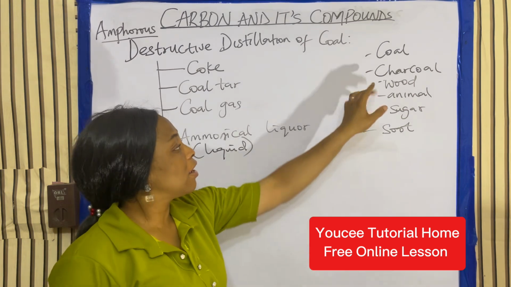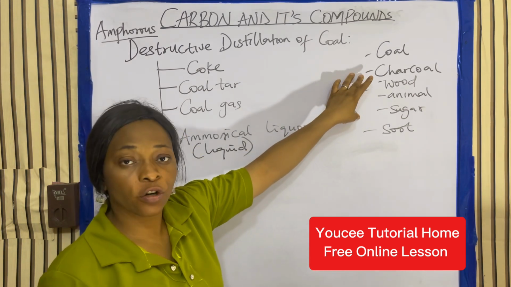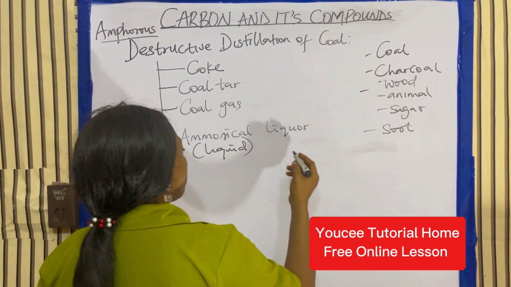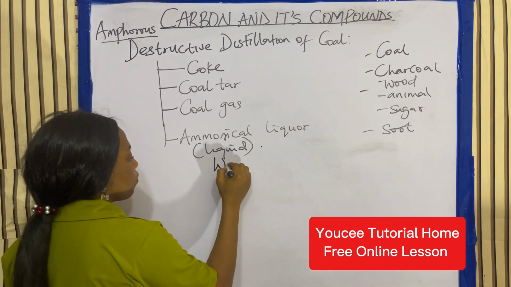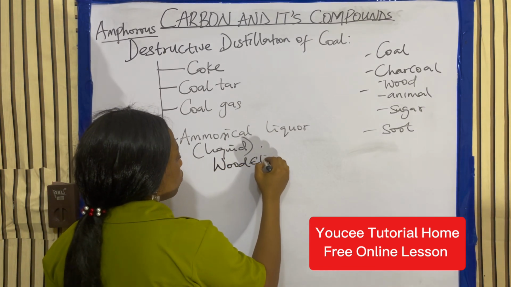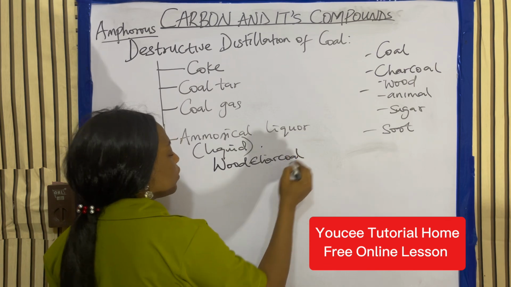Okay, so let's look at other types of charcoal. For the charcoal, we have what we call wood charcoal. How do you obtain wood charcoal?